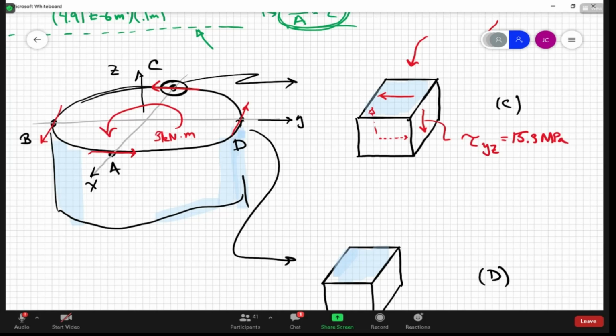That face that I shaded in blue, is that an X face, a Z face, or a Y face? Which direction is the normal? In the Z. It's in the positive Z. So on the positive Z face, which direction should the positive, I should technically say ZY stress act?